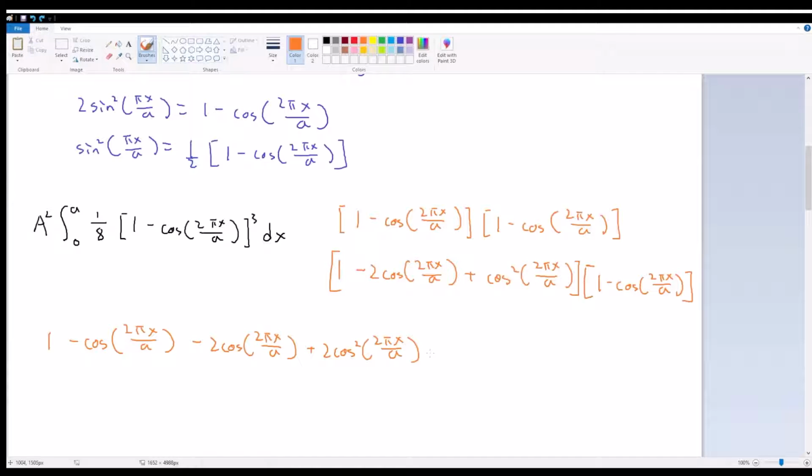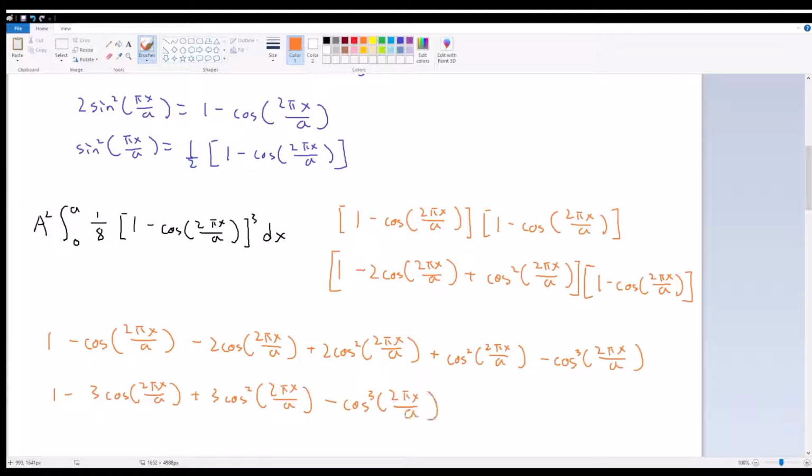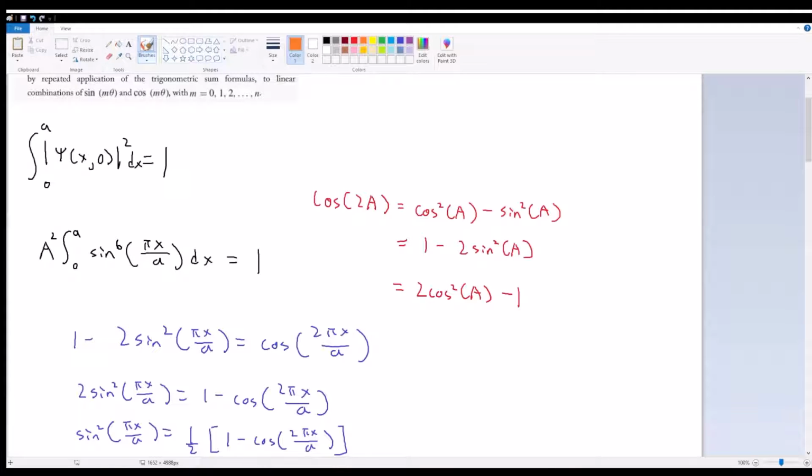This final term is going to be plus cosine squared 2 pi x over a minus cosine cubed 2 pi x over a. At this point, we can combine some terms. So this is going to equal 1 minus 3 cosine 2 pi x over a plus 3 cosine squared 2 pi x over a, minus cosine cubed 2 pi x over a. At this point, we do the exact same thing: I can invoke this property once again, so I'm going to copy paste this down.